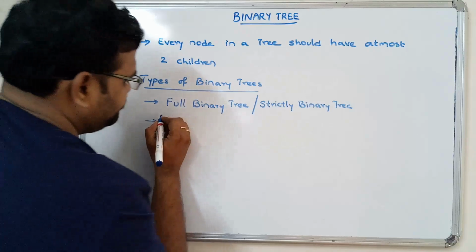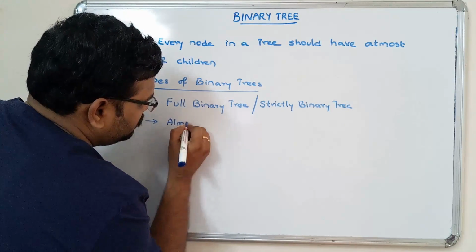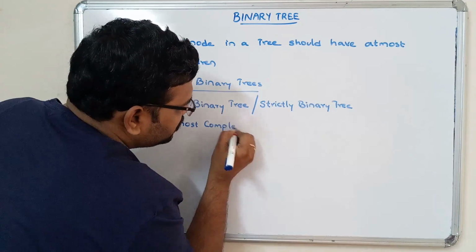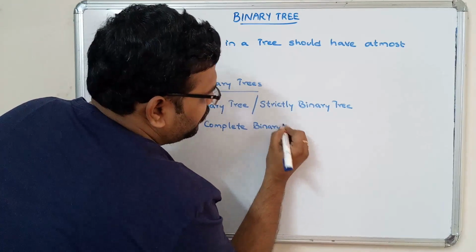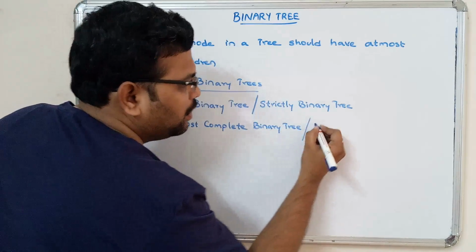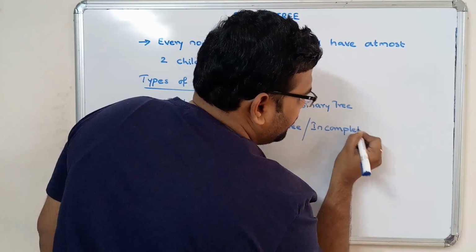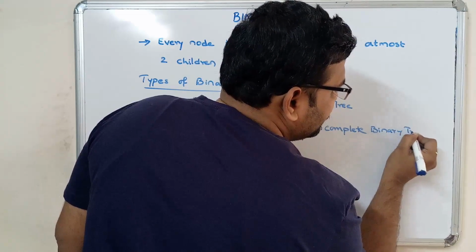Second one, almost complete binary tree, or incomplete binary tree.